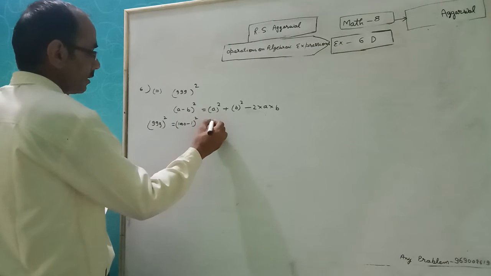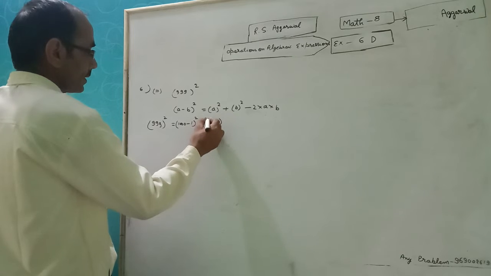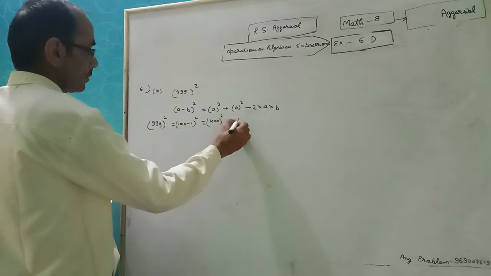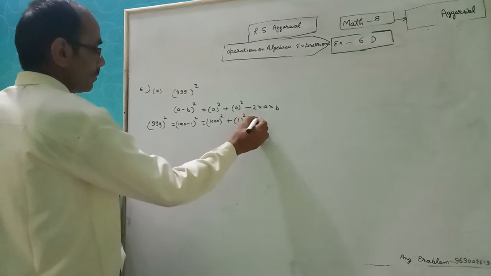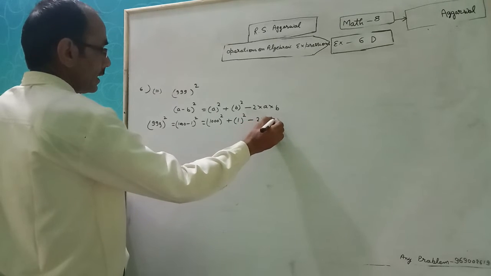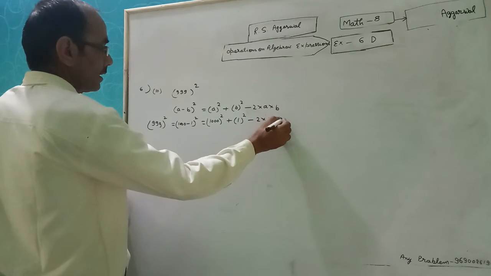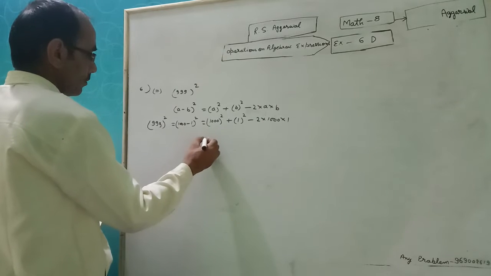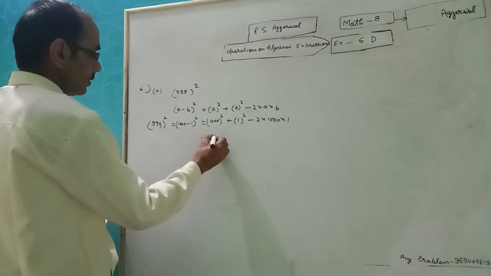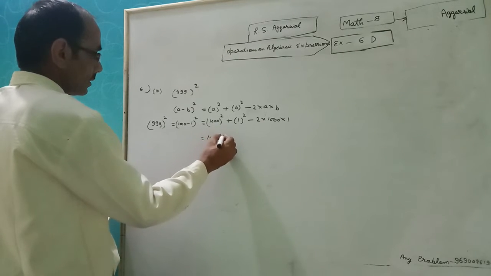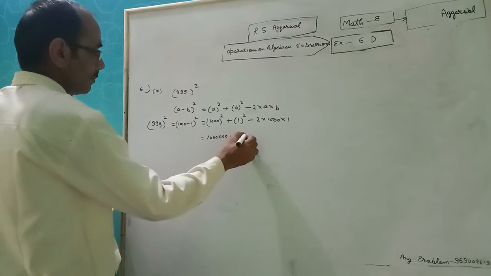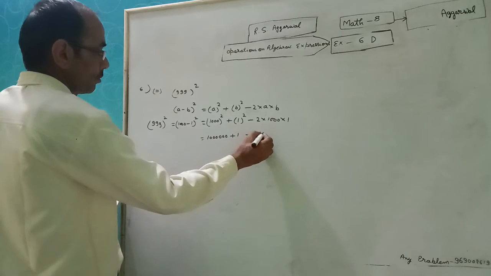A will be 1000, plus 1 square, minus 2 into 1000 into 1, that is 2000.